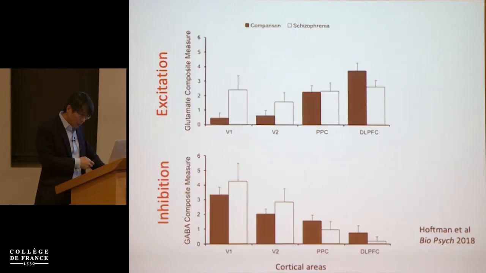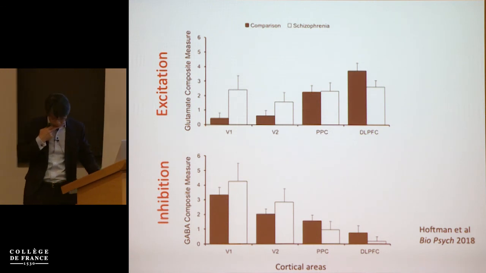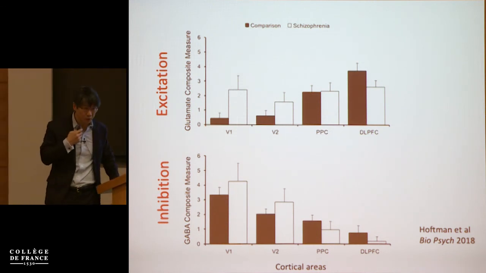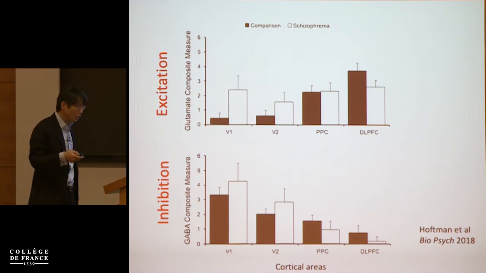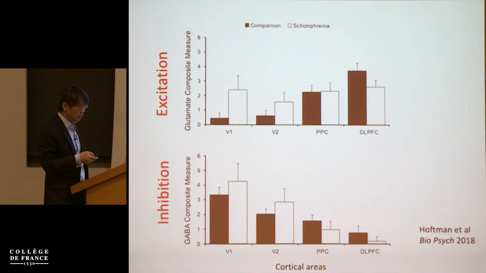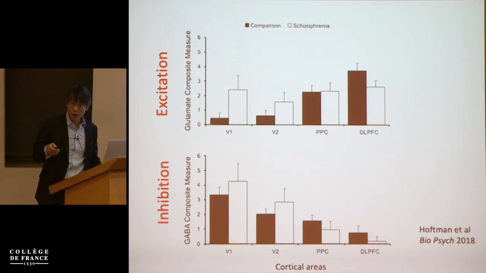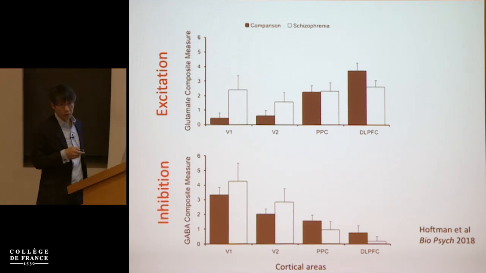Let me just show you one more slide, and maybe we can have some time for discussions. This is a study from David Lewis' group in Pittsburgh, where they analyzed the gene expression of human tissue in control subjects for 4 areas.